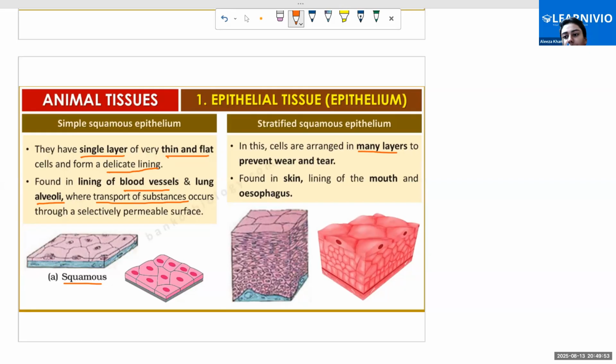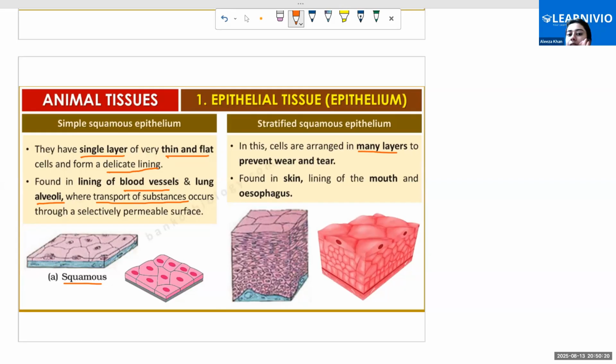To prevent the easy cuts whenever an injury has occurred to any part of the body. Let's say skin is having the stratified squamous epithelium. So for preventing the easy cut or for preventing the excessive bleeding, you are having the stratified squamous epithelium.